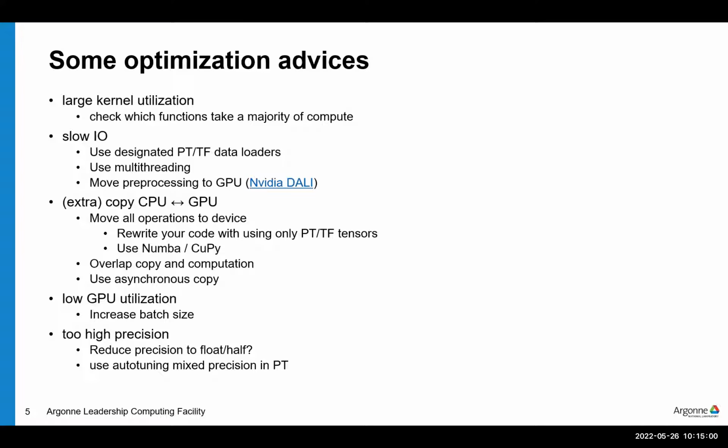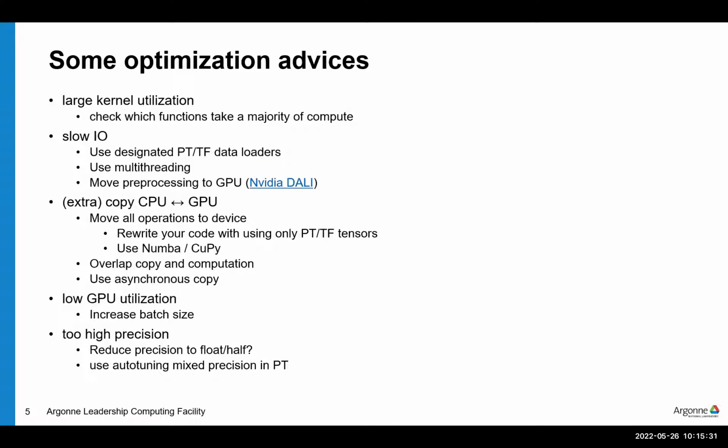It's good practice to use data loaders, which are designed specially for preprocessing and data loading. There are such data loaders in PyTorch and TensorFlow. They allow you to do multithreading, so they can simultaneously run several workers which do loading and preprocessing, and also copy data to GPU, such that when the GPU needs data, it will not wait for it, it just will do computations.